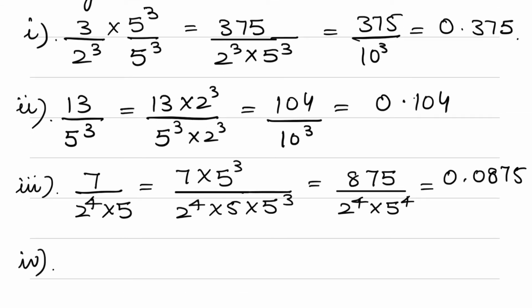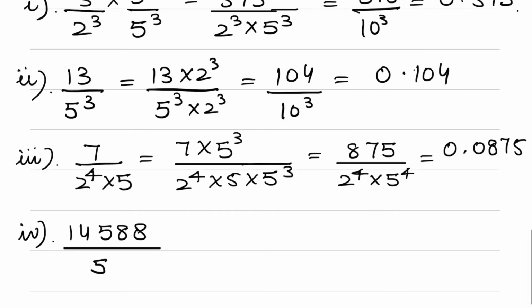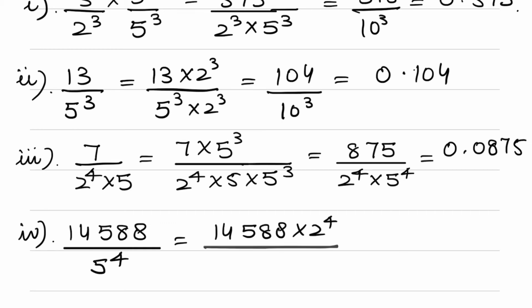Now the fourth one, 14588 divided by 5 raised to the power 4. So we have 14588 into 2 raised to the power 4 divided by 5 raised to the power 4 into 2 raised to the power 4.